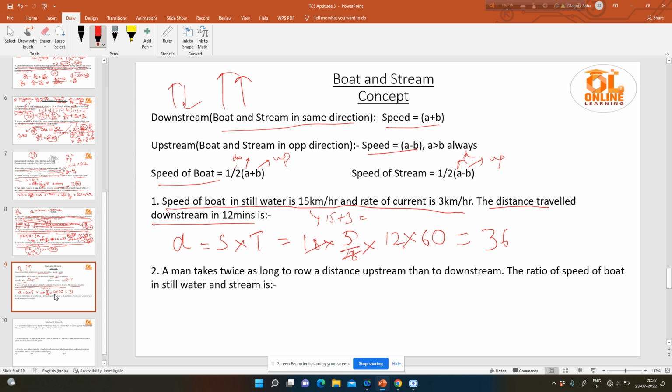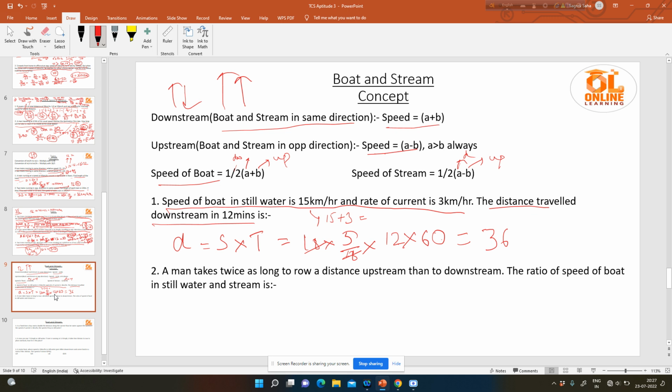Just a minute, I think I am doing something wrong. 18 into 5 by 18, 18 will be cut. Okay, right.